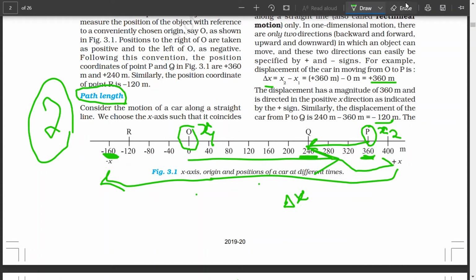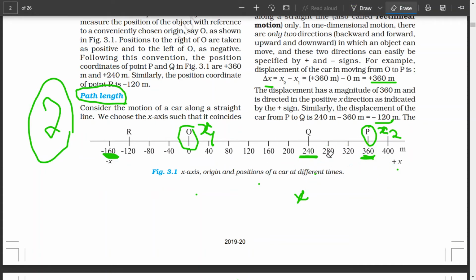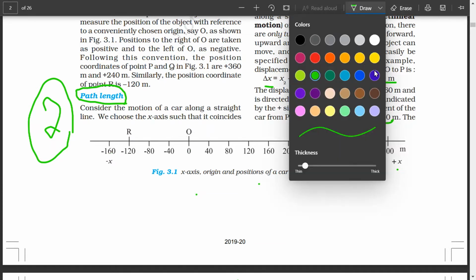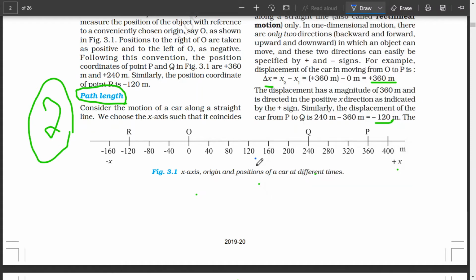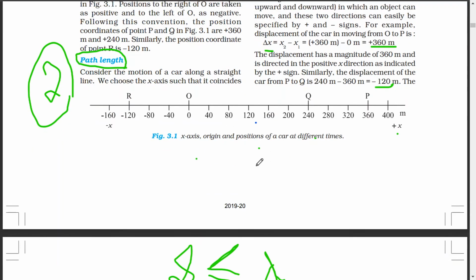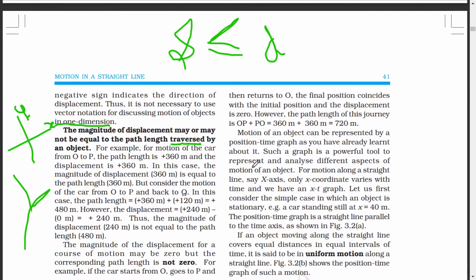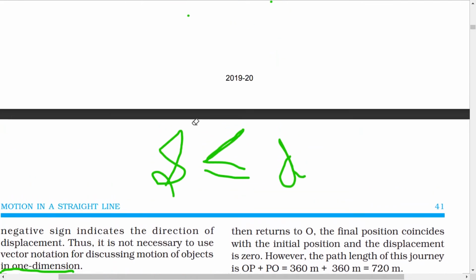Once again I'll just erase it, it becomes easy for me to explain to you. I'll use a different color, blue. Like what it's saying, the body is going from O to P and back to Q, right?